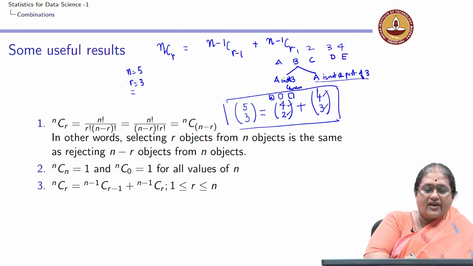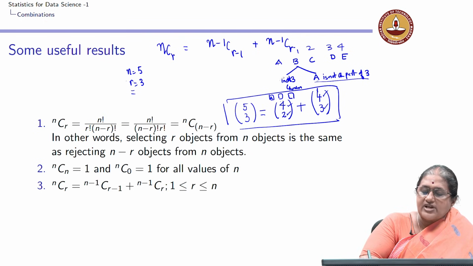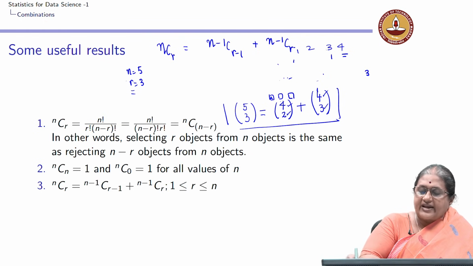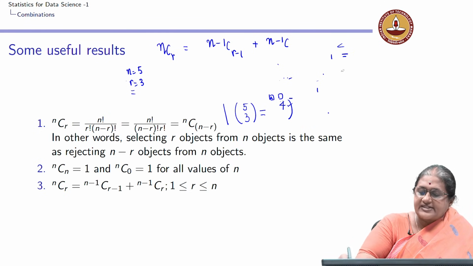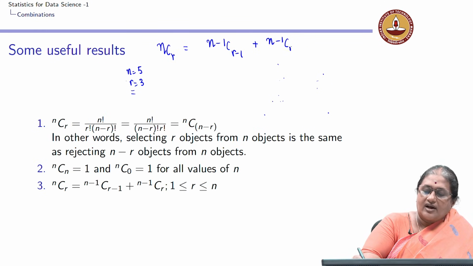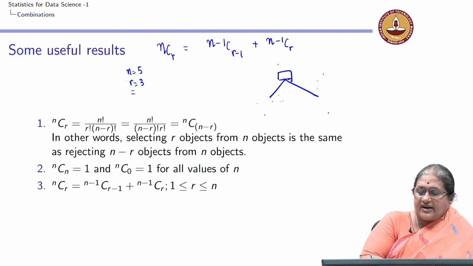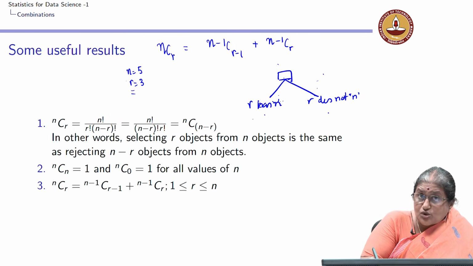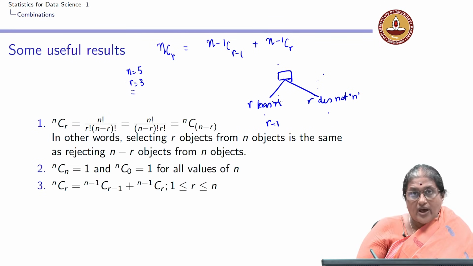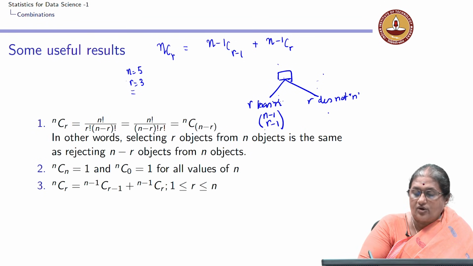In general, if I have n objects and I have to choose r from these n objects, the way I can understand this is I fix any one of the n objects, and I look at the situation where the r objects include it and where they do not. If the r objects include it, since I have already chosen one of the objects, I only have to choose r minus 1 of the objects from the remaining n minus 1 objects.